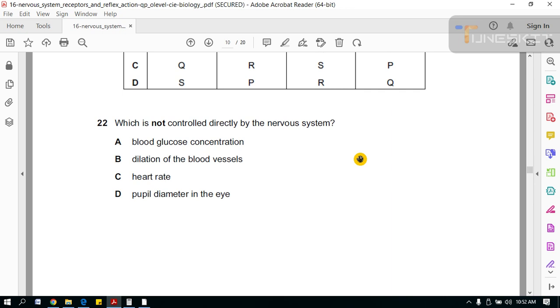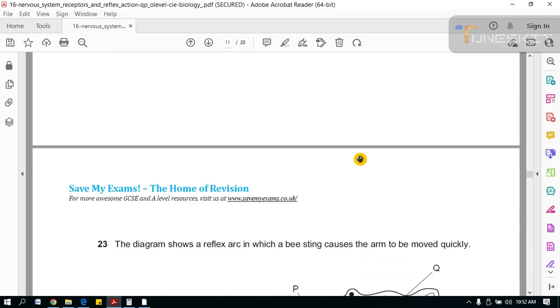When light strikes the eye, its diameter may dilate or it may contract. So this is not under the direct control of the nervous system. The nervous system does not directly control this part of the body.